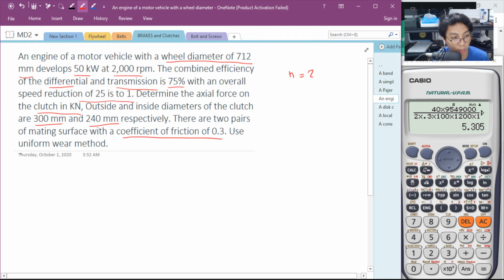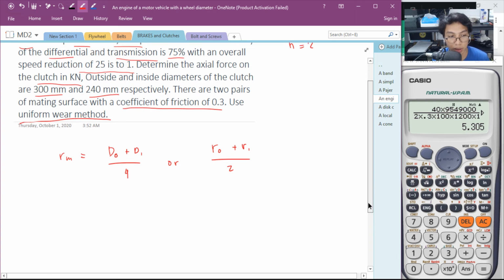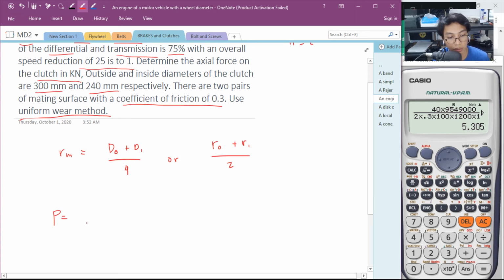So, uniform wear method, RM, pag uniform wear, di ba that is DO plus DI over 4. Or, RO plus RI over 2. Ano lang yun. So, ano hinahanap natin dyan? Axial force na naman. Power is equal to N F FA RM N over factor.